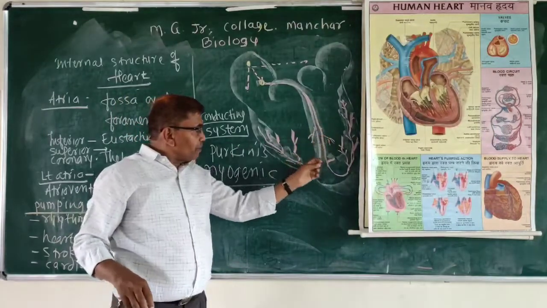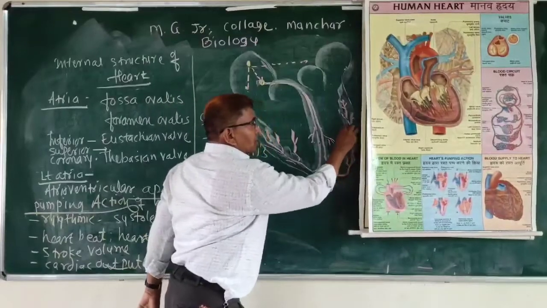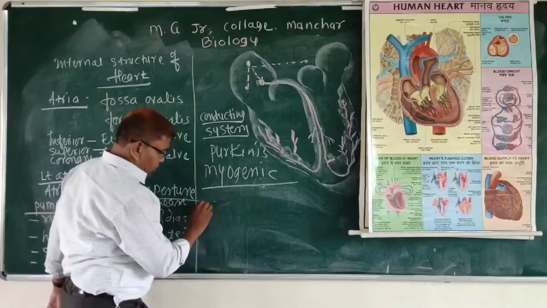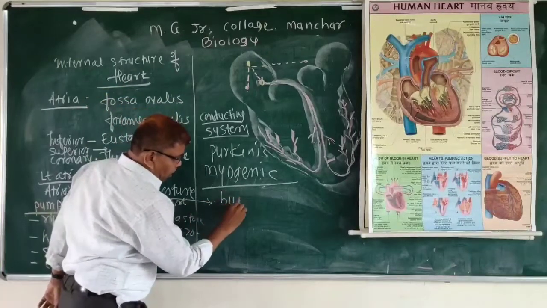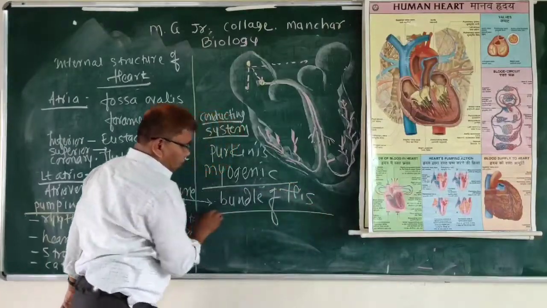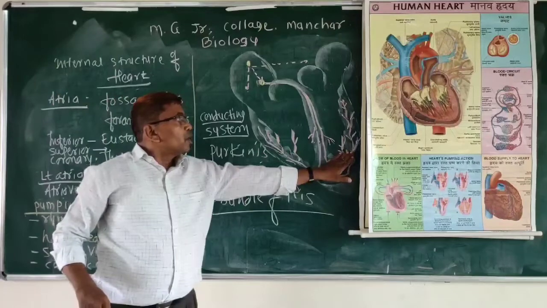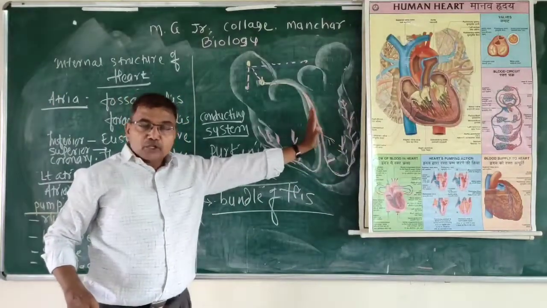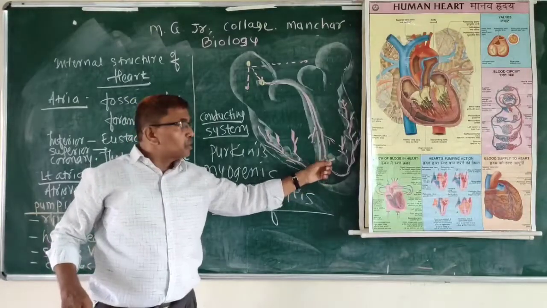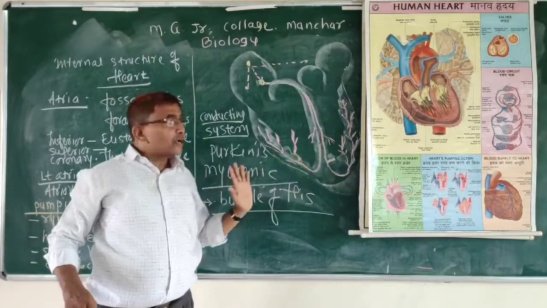These Purkinje fibers give out secondary and tertiary branches, and the branches are called bundle of His. The bundle of His and Purkinje fibers send the message of stimulation and help in the contraction of the wall of the ventricles.